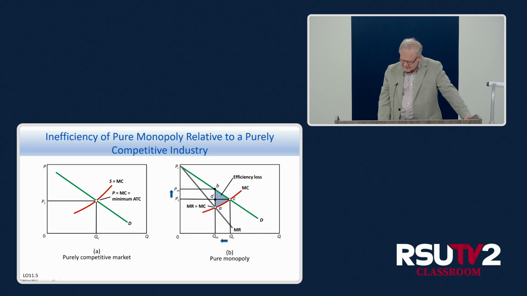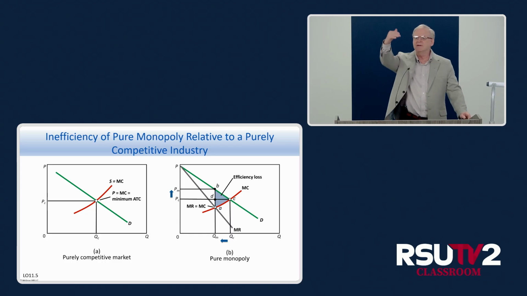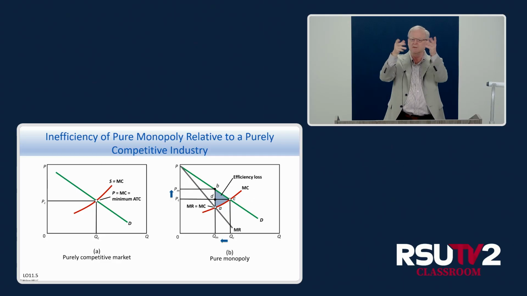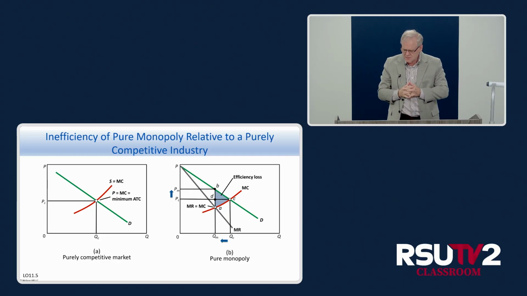Do you see that this big triangle here, P, C, and then P sub C, shrinks to P, B, P sub M, because the price goes up. The monopolist is going to raise the price.